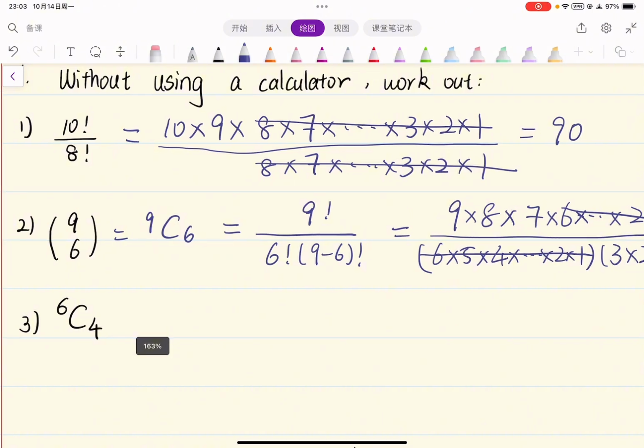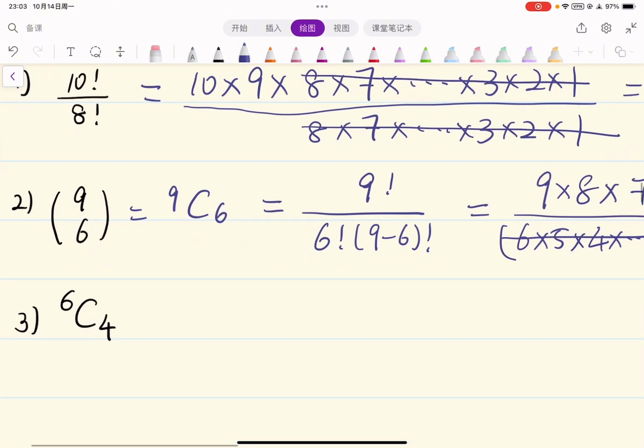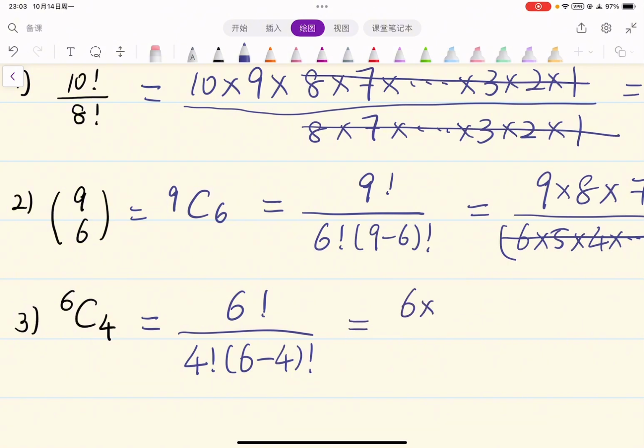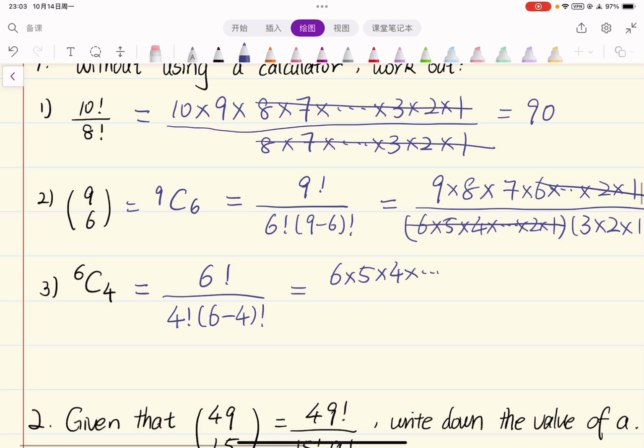Now for the third question, we have 6 choose 4. That equals 6 factorial over 4 factorial times 6 minus 4 factorial, which equals 6 times 5 times 4 and so on times 3 times 2 times 1 over 4 times 3 and so on times 1, times 6 minus 4, that is 2, so 2 factorial equals 2 times 1.